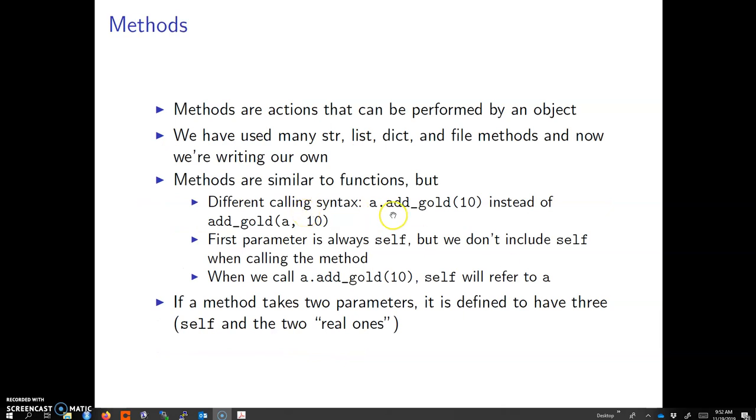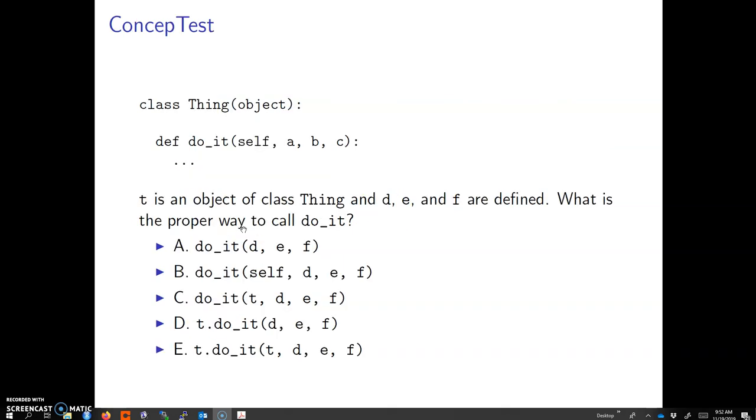Methods are similar to functions, but they have a different calling syntax. This rather than this. So that leaves us with D and E here. These have that particular syntax used for methods within Python. So now the question is, how do we distinguish between these two? Well, this one includes a T as an argument, but we're already pointing to the object. So D is the right answer here.